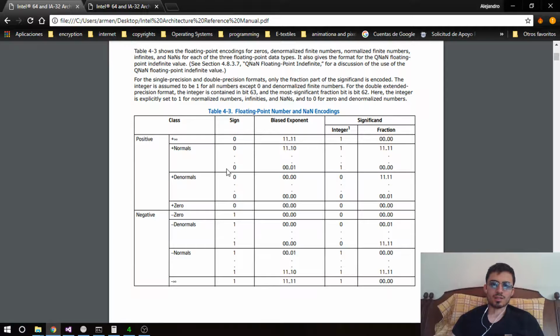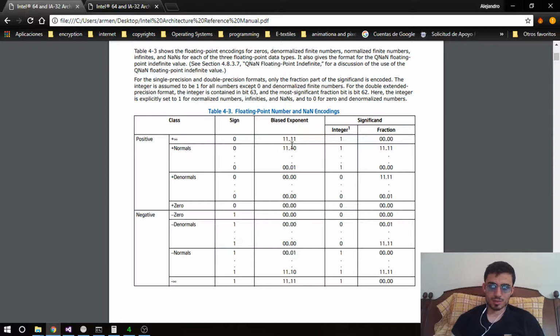So we have a sign of 0 for positive numbers and a sign bit set for negative ones. And we have infinites, normals, in which the first integer is 1, and denormals, in which the integer is not 1.